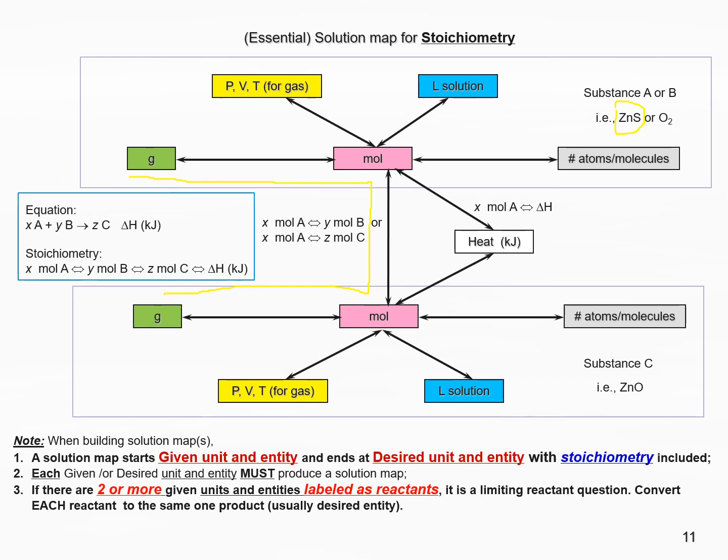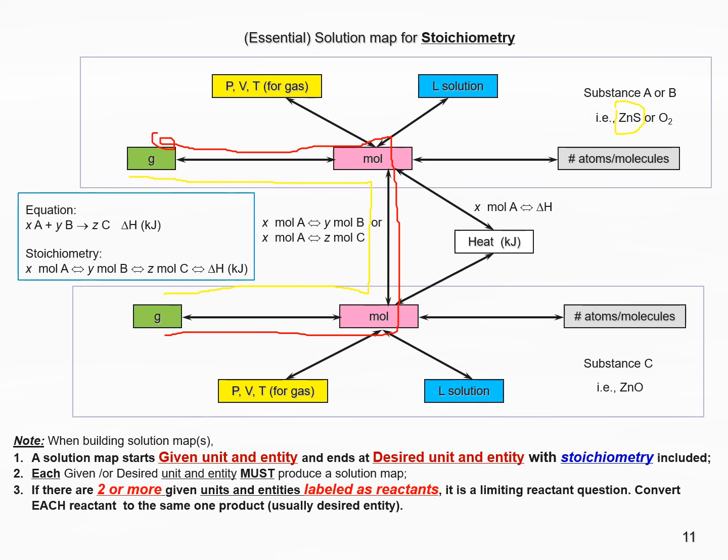Remember, we're not done. We also know 10 grams of oxygen here. So for 10 grams of oxygen, we start from here to moles of oxygen to moles of zinc oxide to grams of zinc oxide.